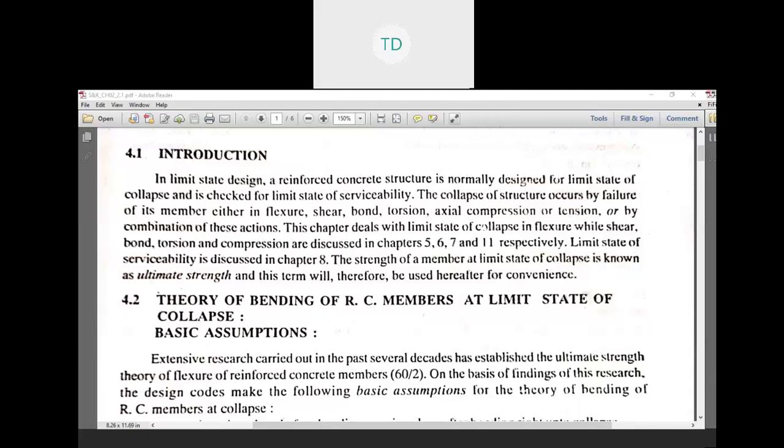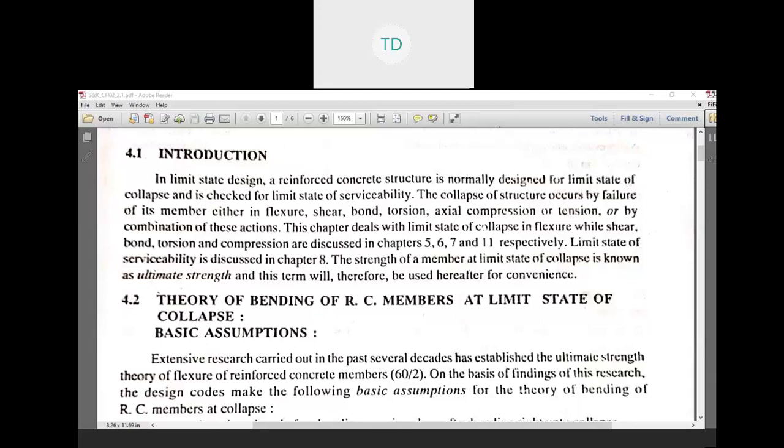In limit state design, a reinforced concrete structure is normally designed for limit state of collapse and is checked for limit state of serviceability. The collapse of structure occurs by failure of its member either in flexure, shear, bond, torsion, axial compression, or axial tension, or by combination of these actions.